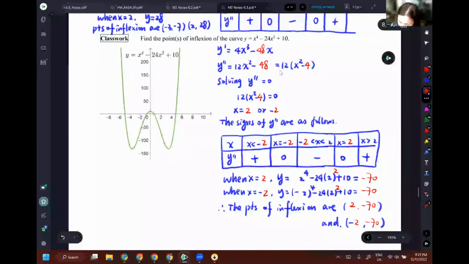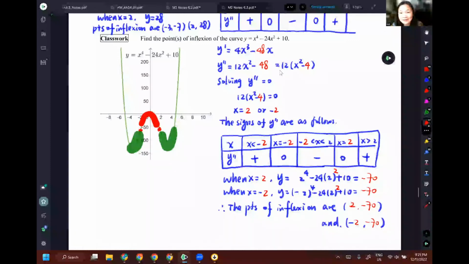Negative 2, negative 70. It's here. It makes more sense because it looks like the change of concavity is here, on this side, and then the other side. Yes, there is a mistake. Oh, I thought so. But anyway.